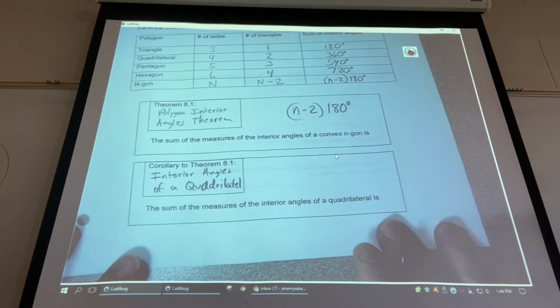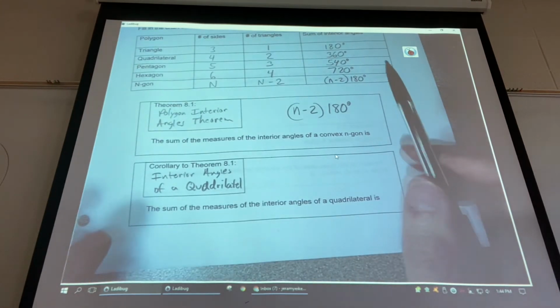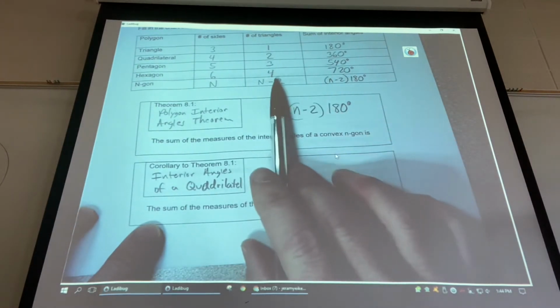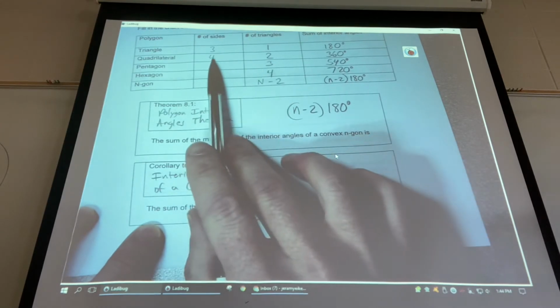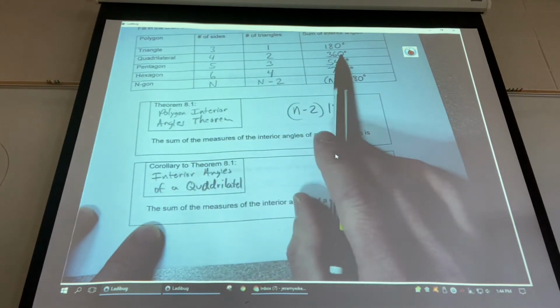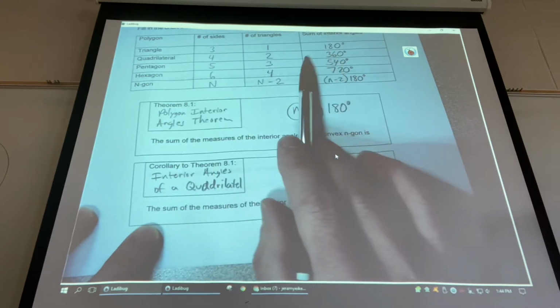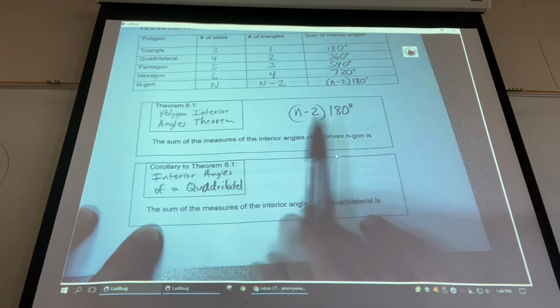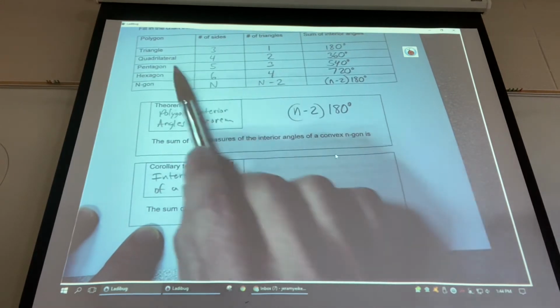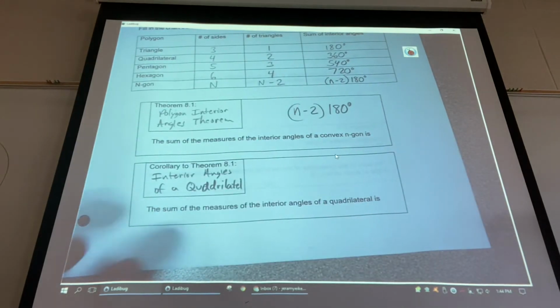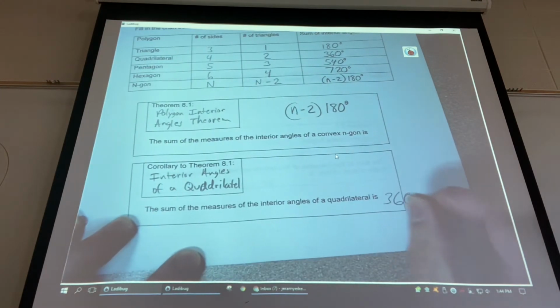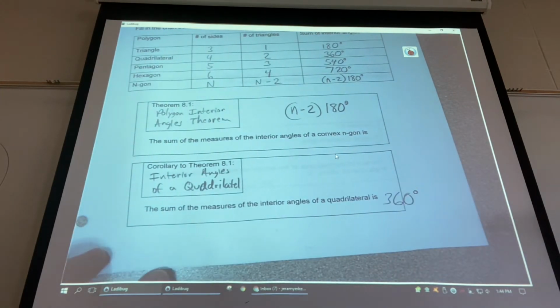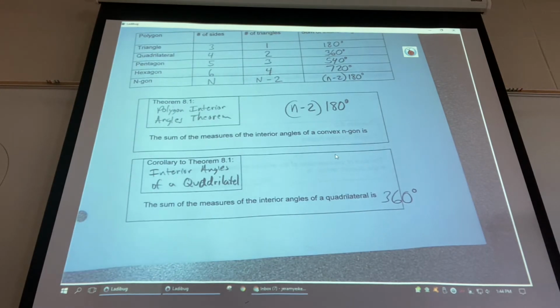What did we learn the sum of the interior angles of a quadrilateral adds up to? 360. That's something they want you to commit to memory and not have to do n minus 2 times 180 all the time. Just remember that if you've got a quadrilateral, it's 360 degrees. That's the only point of that corollary, so that you remember that for a quadrilateral, the sum is 360.